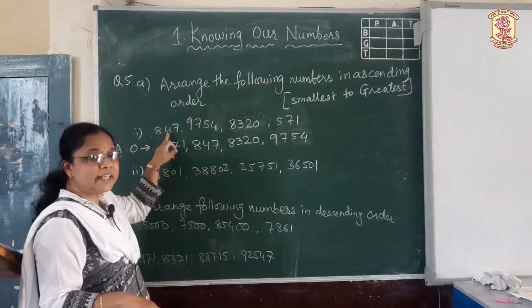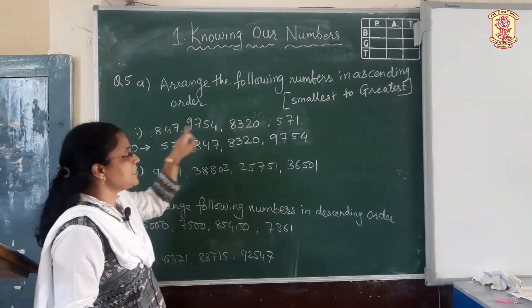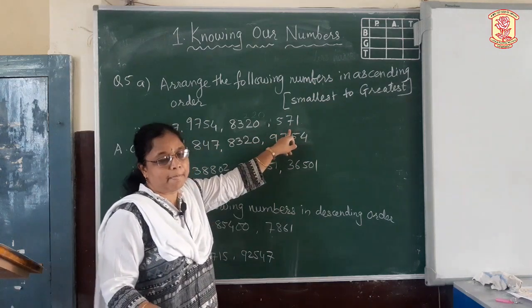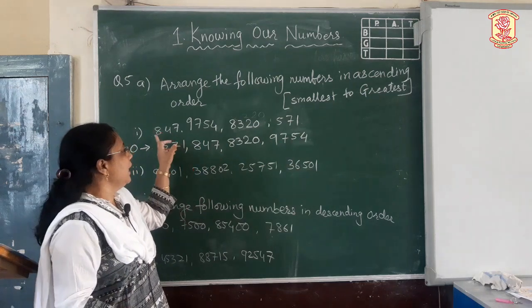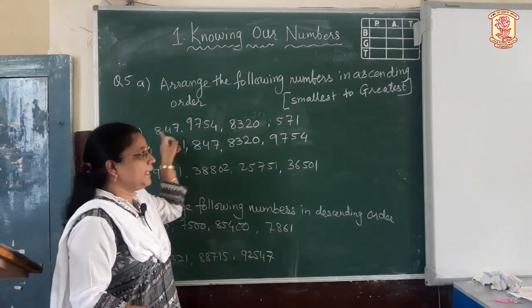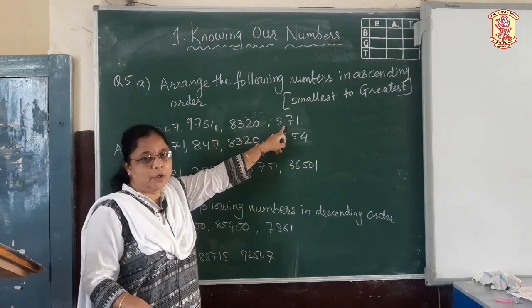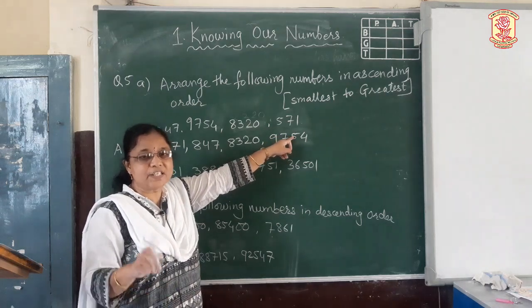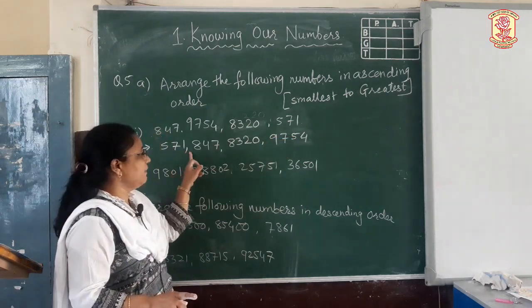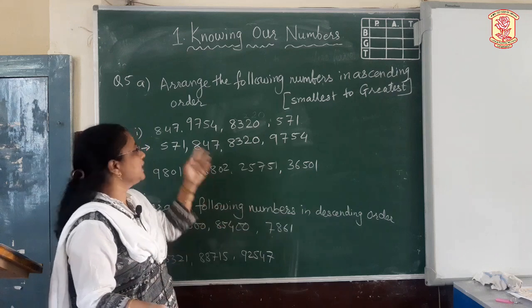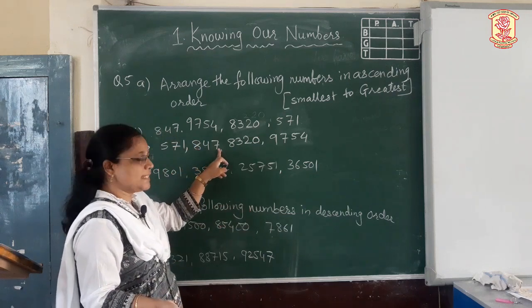So think for these 3 digits first, 847 and 571. Among these, 8 is greater and 5 is smaller. So select first the smallest number, 571. Then the second 3-digit number will come, 847.